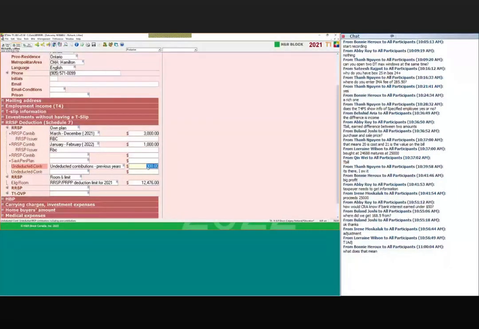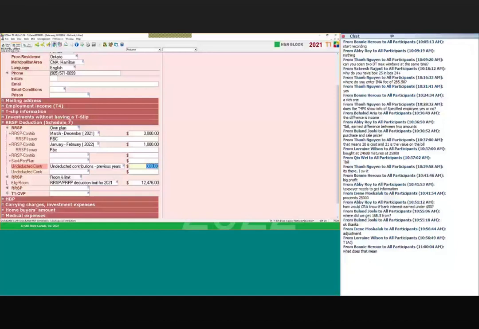And when he came to me, I would only deduct enough to reduce his taxable income, and then he would have some left over. The leftover would be undeducted contributions. Then he could save that for next year, because you don't want to waste an RSP contribution. You don't want to put an RSP contribution on someone's return when they have no need for it. And people do that. So undeducted means contributions you made in a prior period that were not deducted.